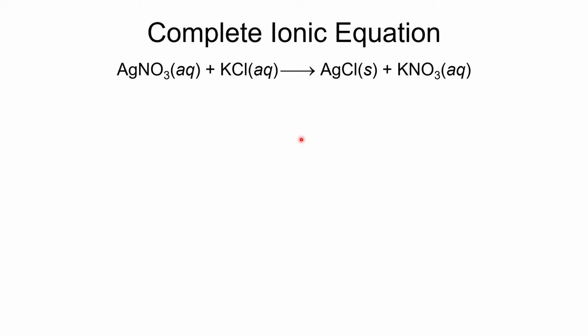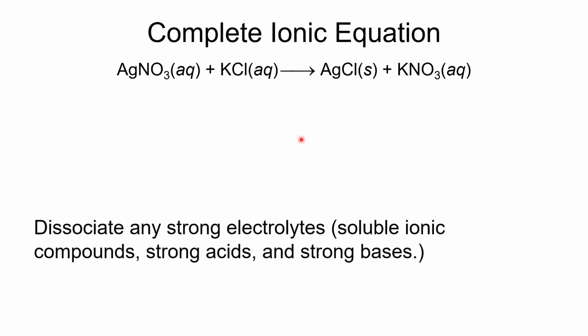The complete ionic equation is where we take anything that is a strong electrolyte and we dissociate it. What that means is that we will write the ions with the letters aq beside them to indicate that those ions are dissociated, that they are free to move about independent of their other ions.